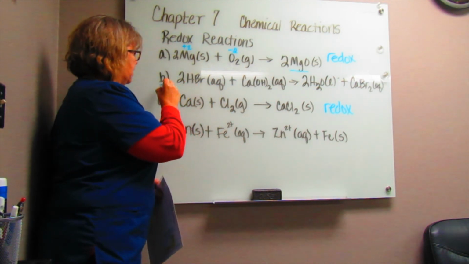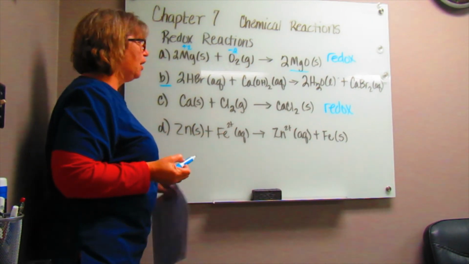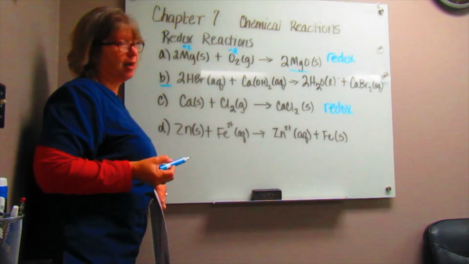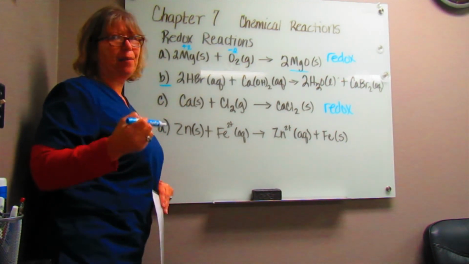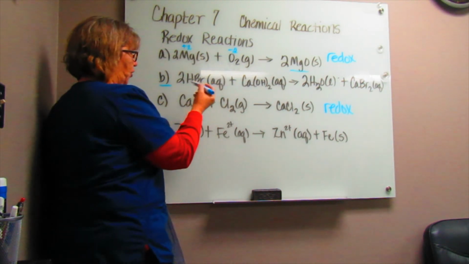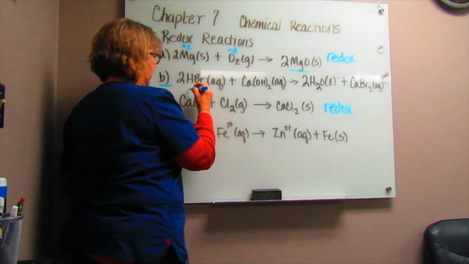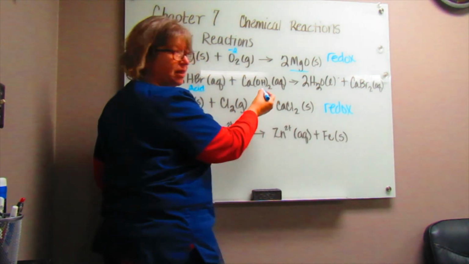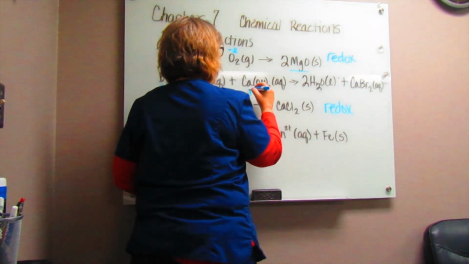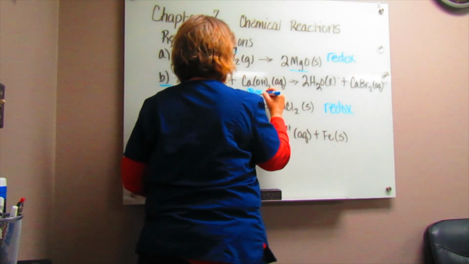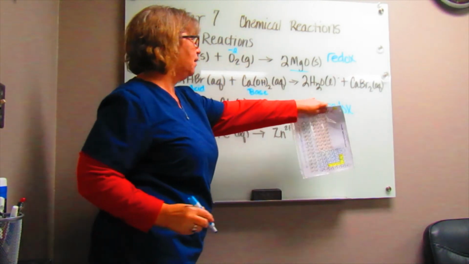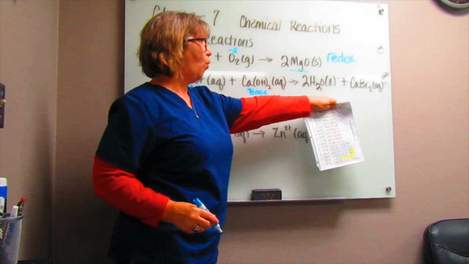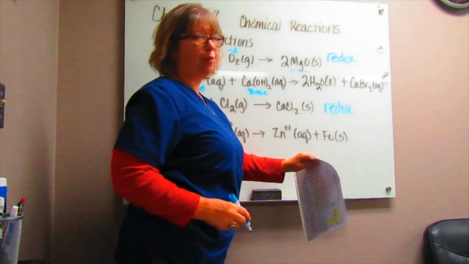In the second equation here, this is not a redox reaction. This is actually an acid-base reaction. Because if you look here, we have hydrobromic acid. So here's our acid. Then we have calcium hydroxide, which is our base. They combine and produce water and calcium bromide.